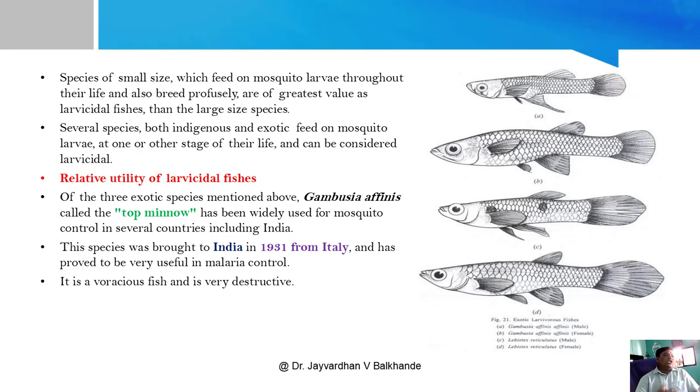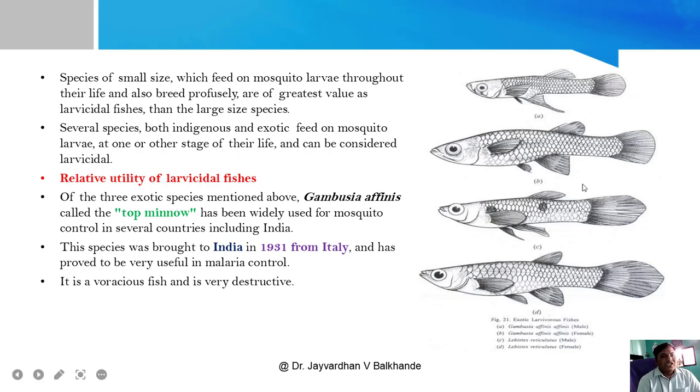So the relative utility of these larvicidal fishes: of the three exotic species mentioned above, the Gambusia affinis, we can see this in this picture, called the top minnow, has been widely used for mosquito control in several countries including our nation, that is India.